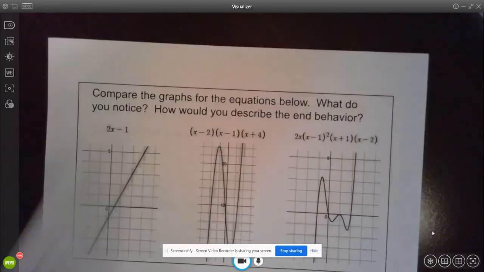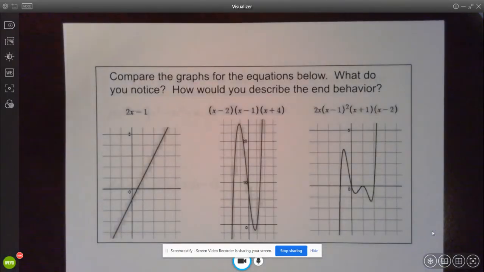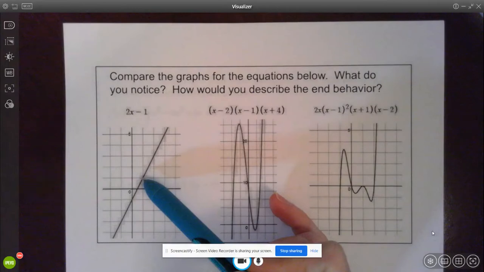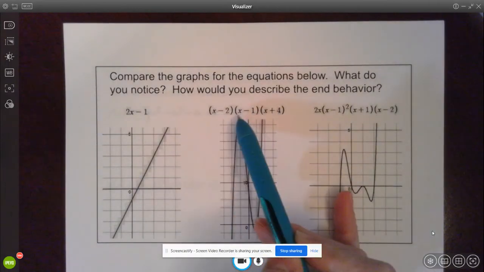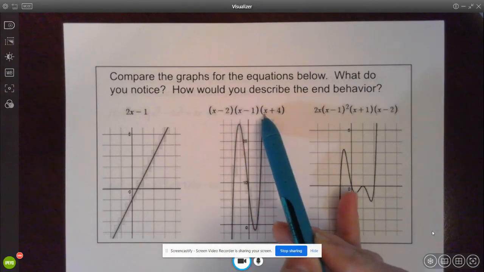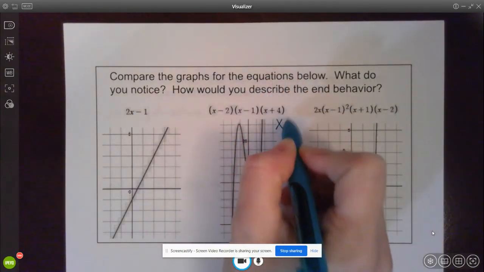All right, let's try these. So I have a linear function. I have x times x gives me x squared, times x again gives me x cubed. And now I have, oh, a frozen screen.